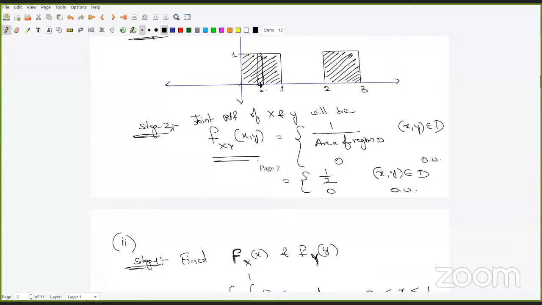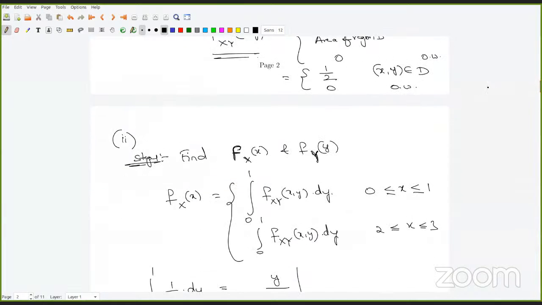In other regions it is actually 0 anyway, so integrating it with 0, you won't get anything. You will get 0 itself. So you can actually neglect that particular region. This should actually be 0 to infinity, but you should consider only the support. Till the support we will integrate. That's it.